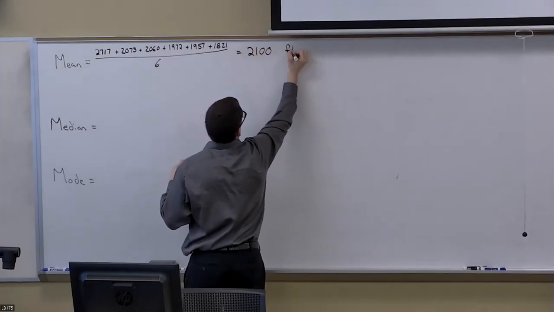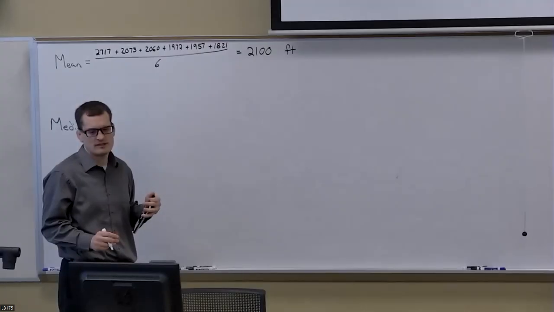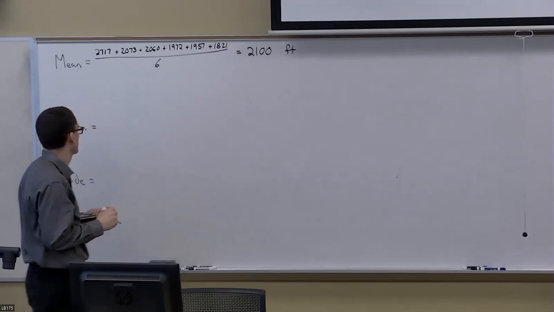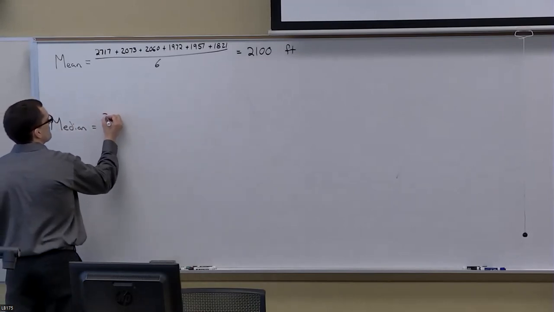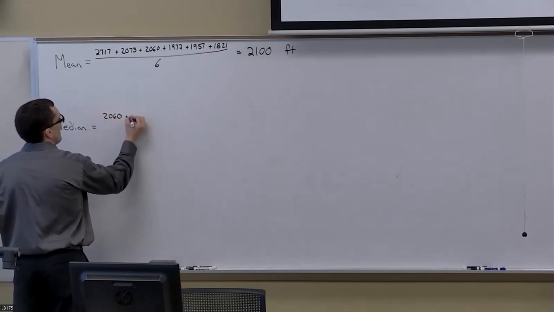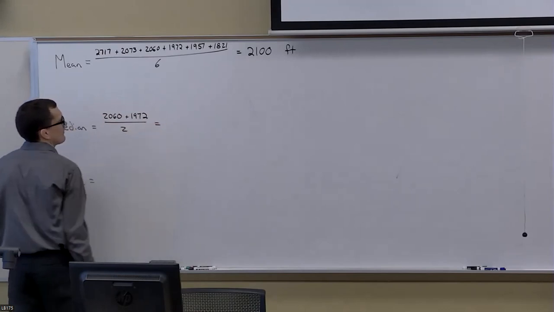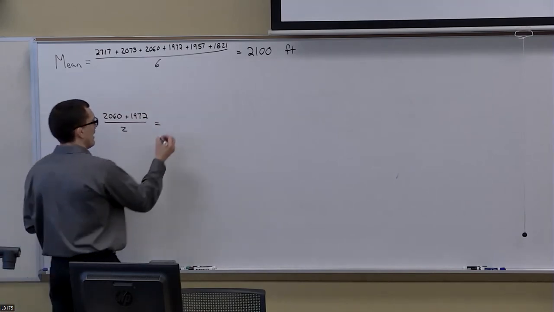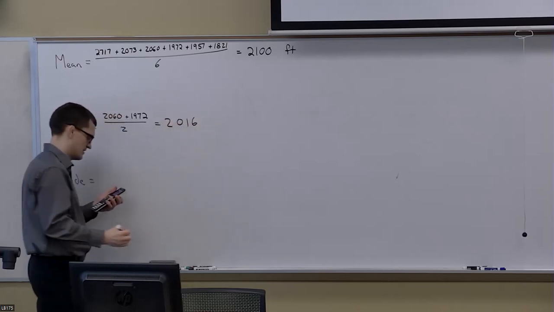This was all measured in feet, I believe. The median: the 2 middle numbers were the 2060 and the 1972. I add my 2 middle numbers up and then divide by 2 to get halfway in between. When I did that, I got 2016.